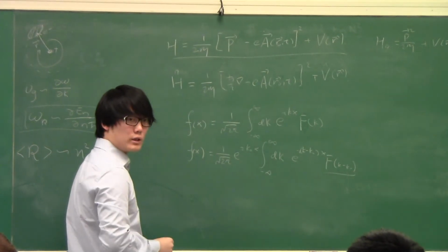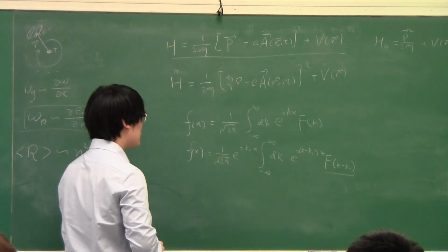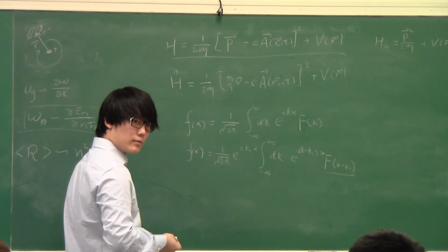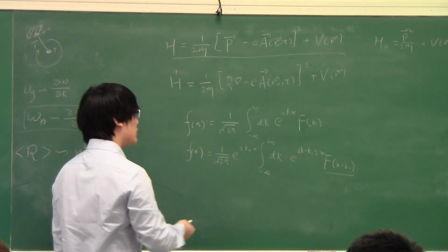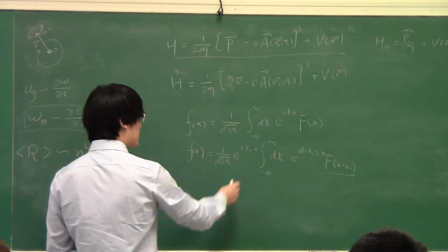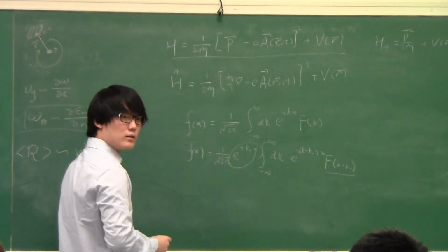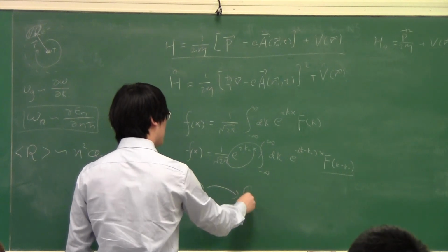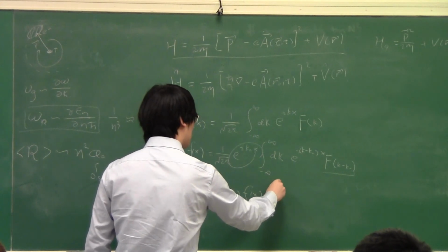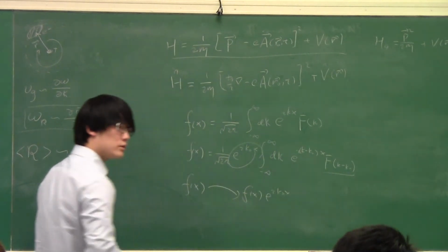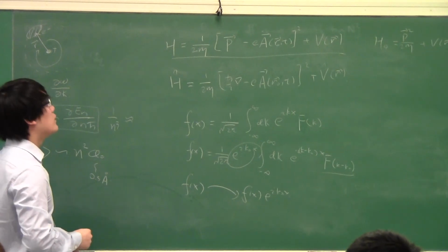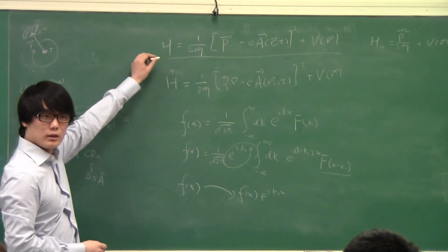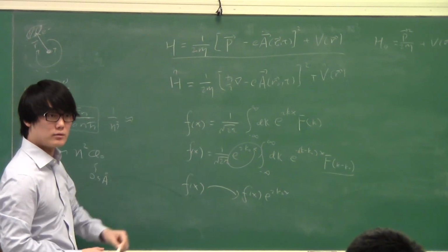So now this is just the Fourier transform of f of k minus k naught. So we get that by subtracting in the momentum space, we basically multiply by this factor. So we say that f of x gets taken to f of x times e to the i k naught x. Okay. So essentially that's what's happening here, and that's what we expect to find in the solution.